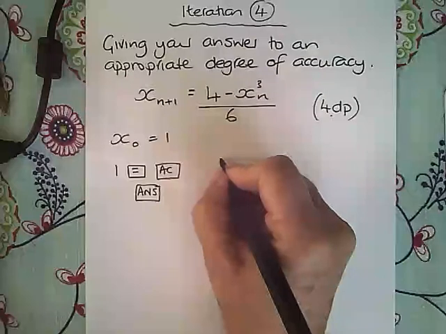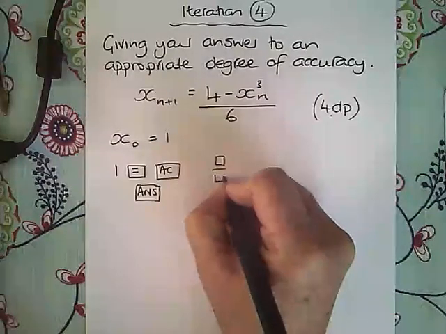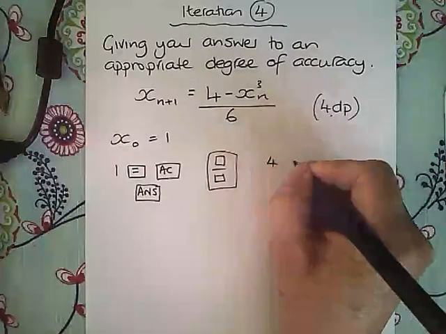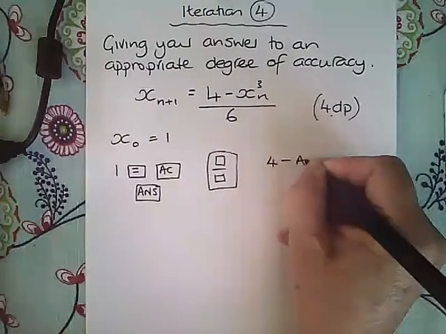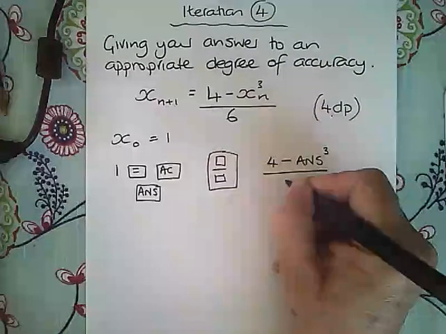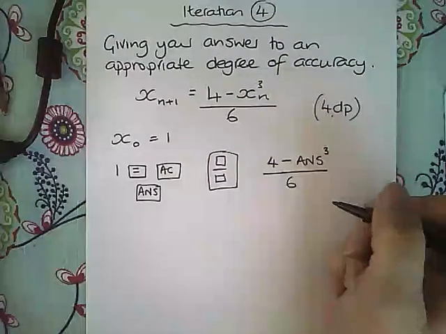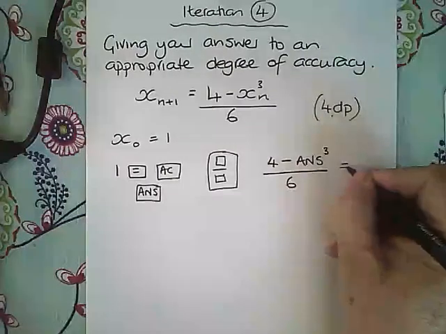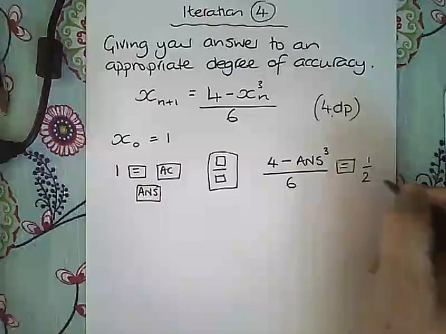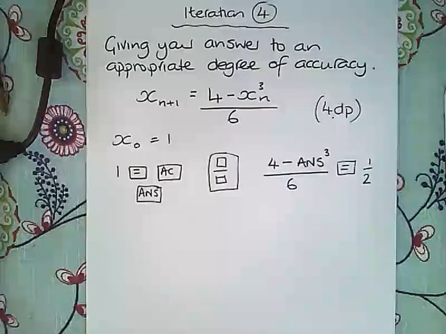So we use the fraction button to make it into a fraction, and it would be 4 take away the answer button cubed, all divided by 6. And remember, when we press the equals sign the first time, we will get that value of a half. I'm using the same formula that we had in the previous demonstration.